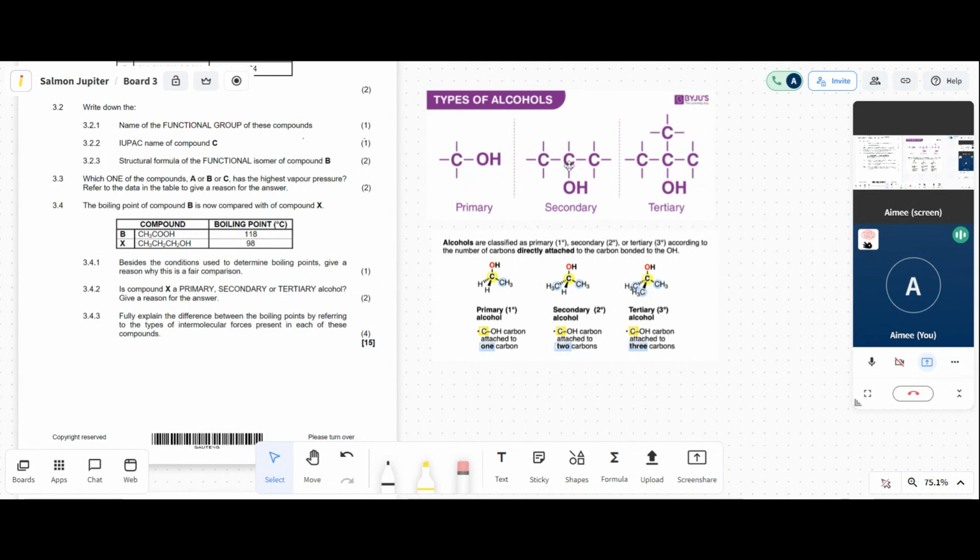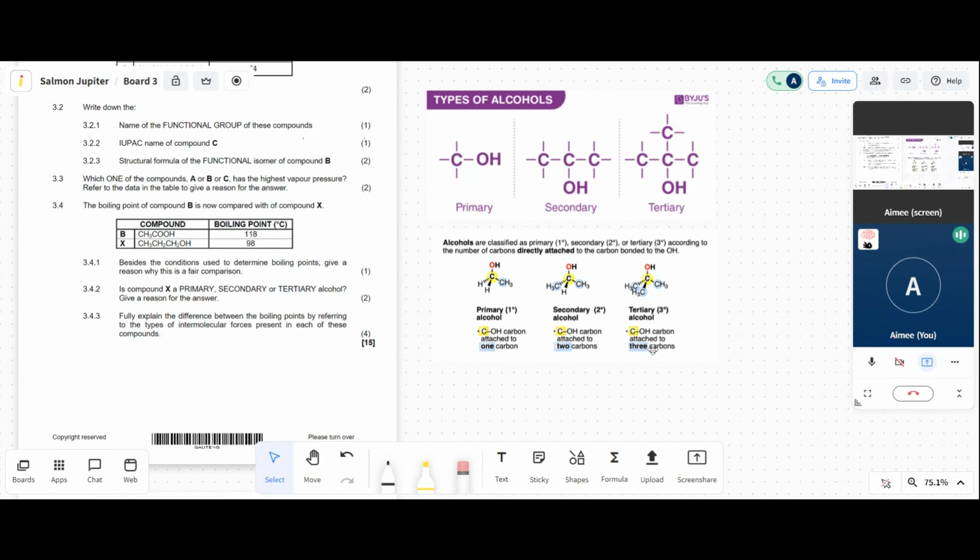Whereas this one is only attached to one on this side. And a tertiary alcohol is one where your C-OH group is attached to three other carbons. So that's what it means.